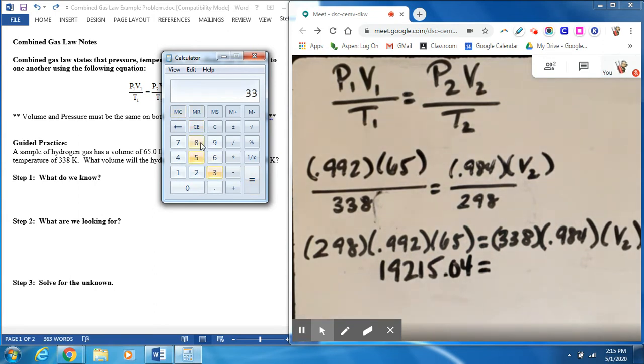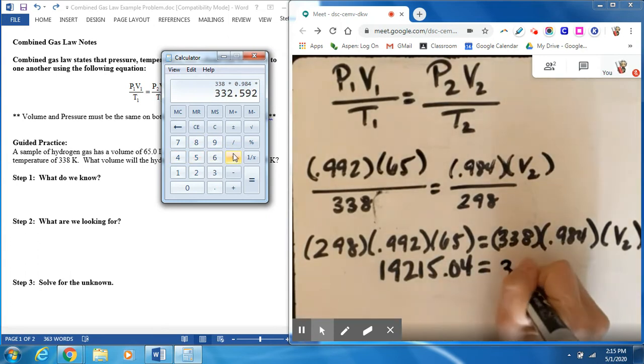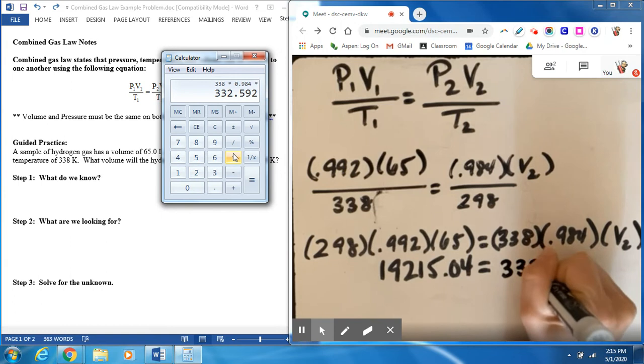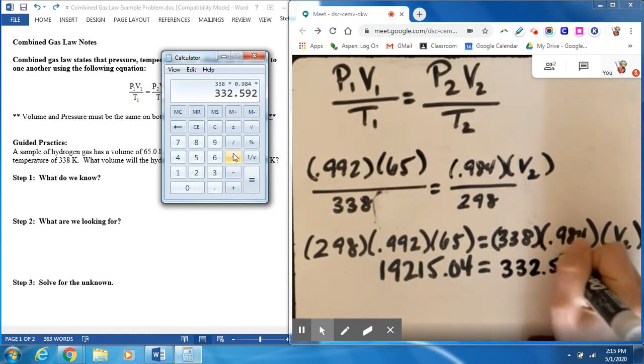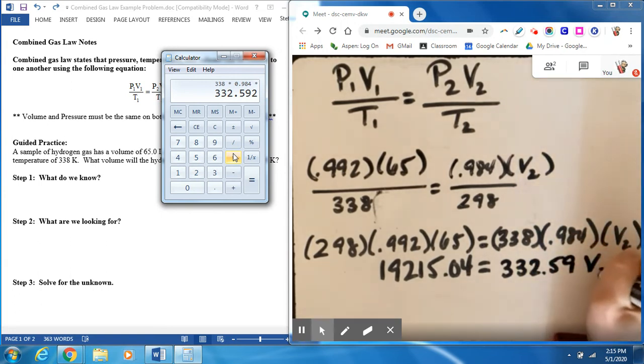Equals 338 times 0.984 times, is 332.59 times V2.